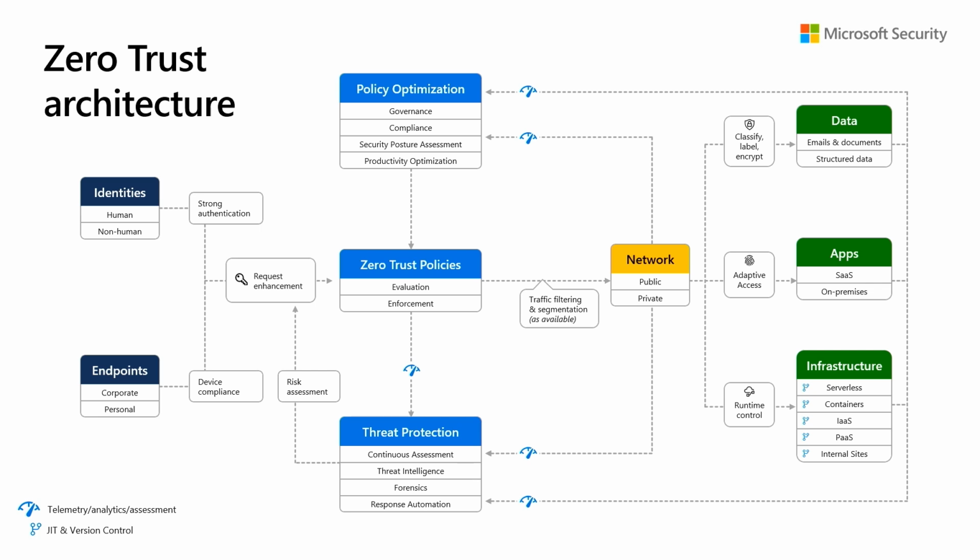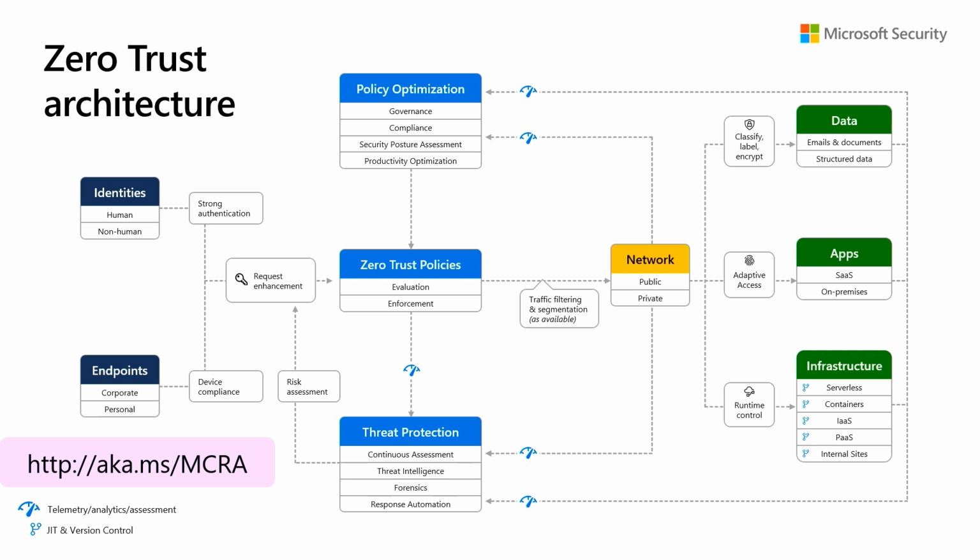The Zero Trust policy intercepts the request and explicitly verifies the signals from all 6 foundational elements based on the policy configuration and enforces least privileged access. In the Microsoft Cybersecurity Reference Architecture, you can find the details and guidance on how to plan your end-to-end security architecture using Zero Trust principles.